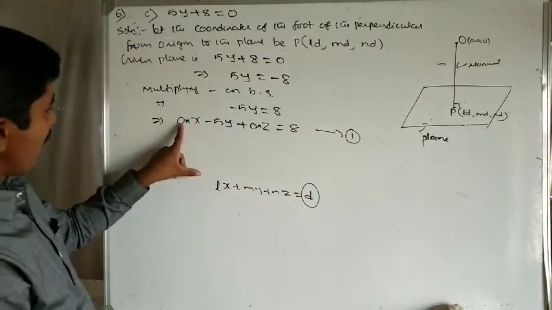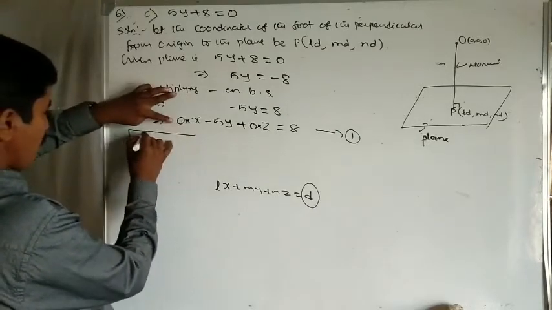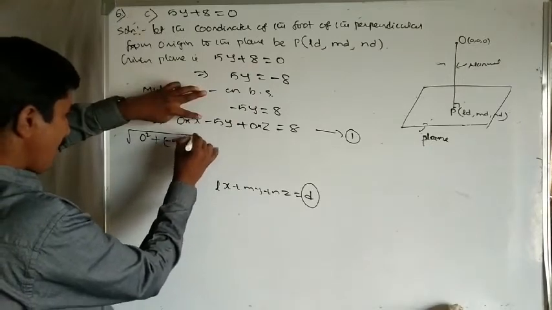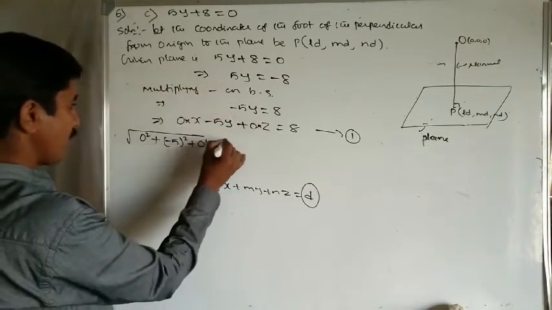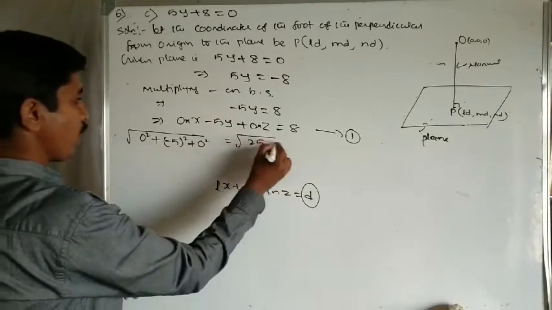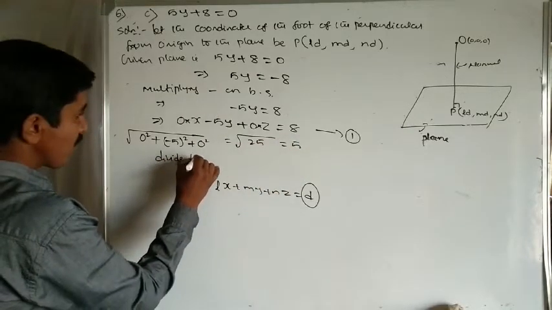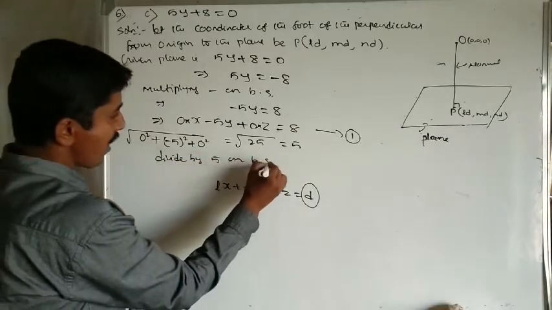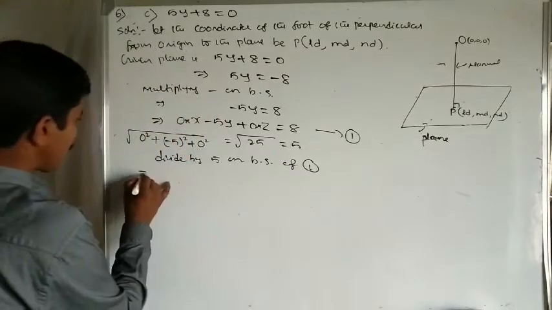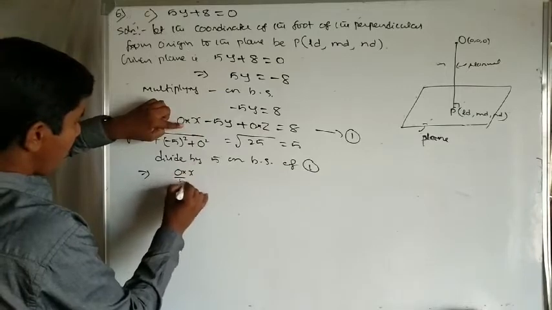What are the direction ratios here? 0, minus 5, 0. Now take the square root of x coefficient 0 square plus y coefficient minus 5 whole square plus z coefficient 0 square. This is minus 5 square, 25, root of 25 is 5. Divide by 5 on both sides of equation 1. 0 into x by 5, 0.